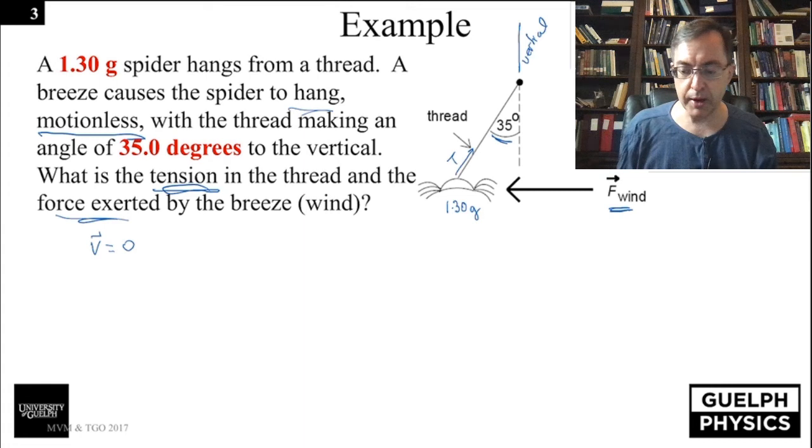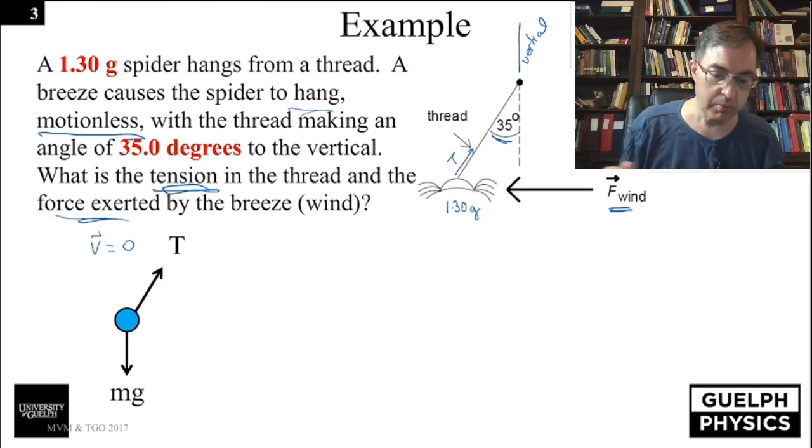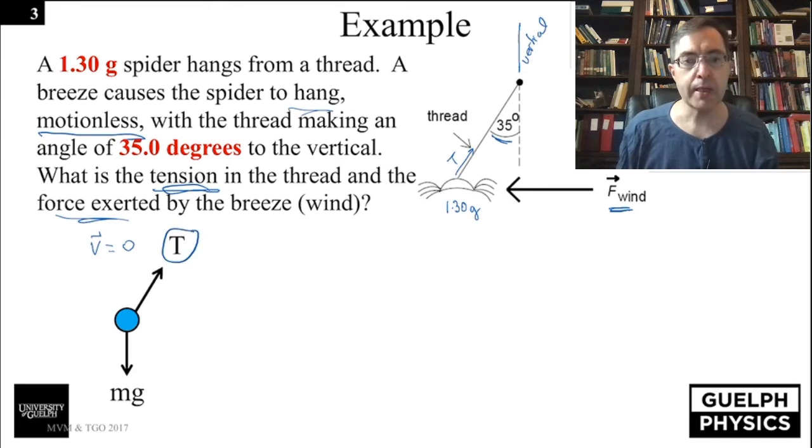So with all problems, we start by drawing a free body diagram. And so I'll represent the spider as a dot, and then I'll apply the force of gravity downwards on the spider, mg. The tension in the thread points upwards along the thread, and it's represented by T, okay?